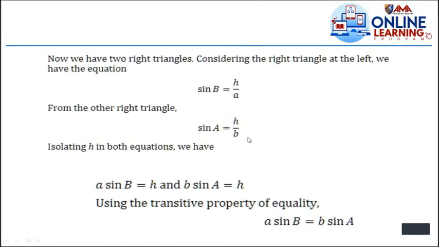Isolating h in both equations, in the left triangle we have h equals a sine B, and in the right triangle we have h equals b sine A. The h in the right triangle is the same h in the left triangle. So using the transitive property of equality, a sine B is equal to b sine A.